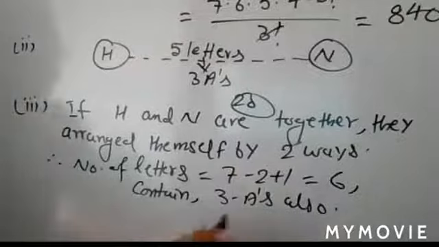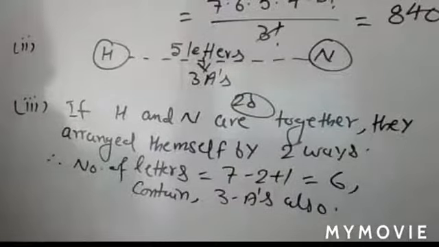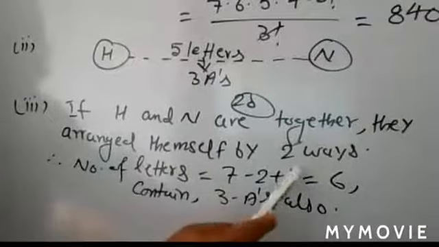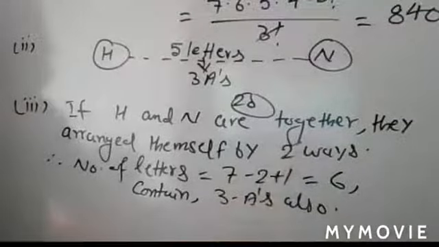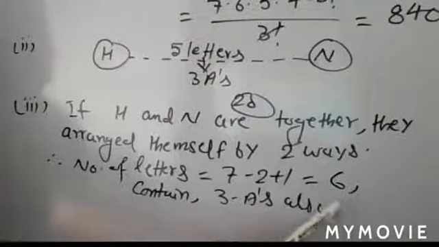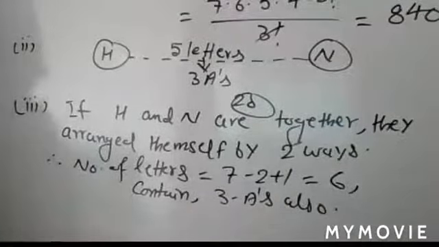So how many required words are there? To find the required number of words, you take 2 into factorial 6 upon factorial 3. That gives the total number of words.